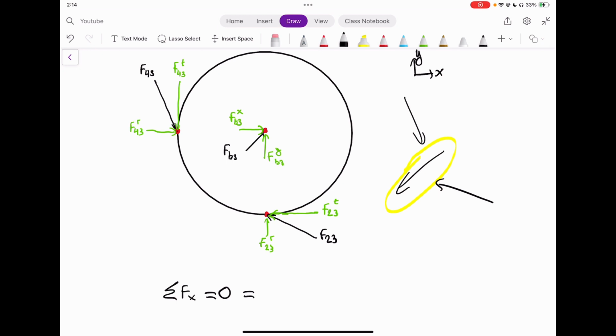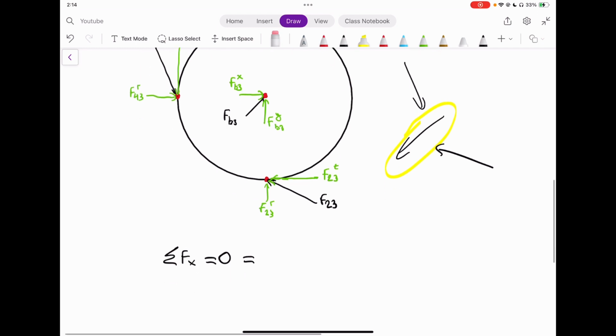So let's look at it. What are the different components in the x and y direction? We're going to use the t and r terms, the green terms, in order to add all of our systems together. And we would be left with F, the one that's in the x direction at the axle. So we have Fb3x plus F43r.